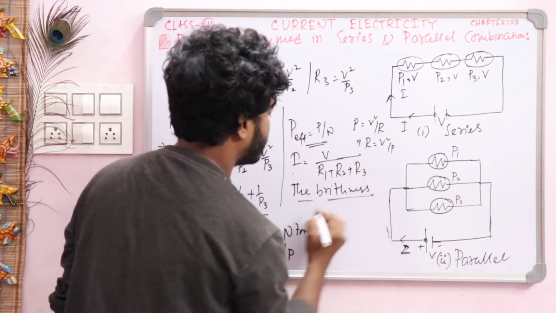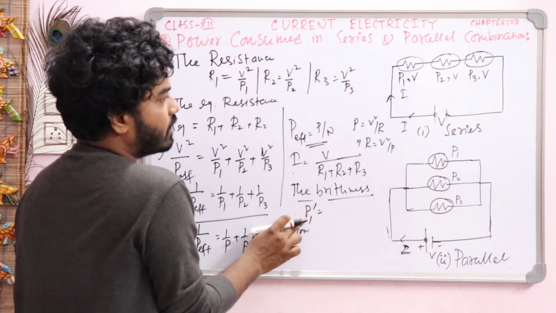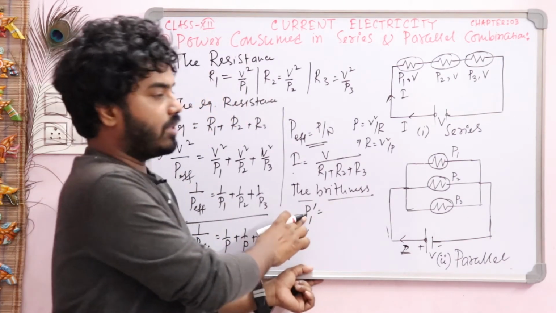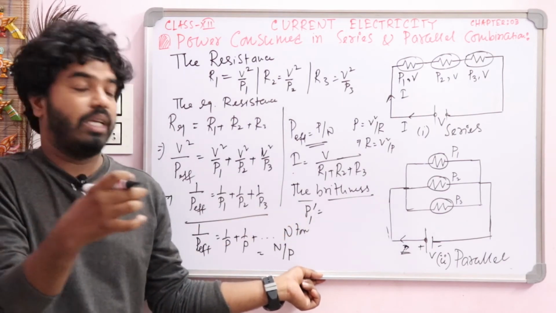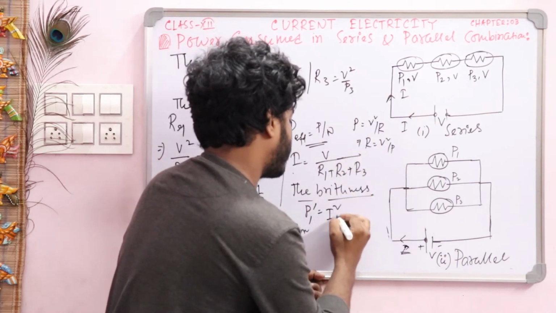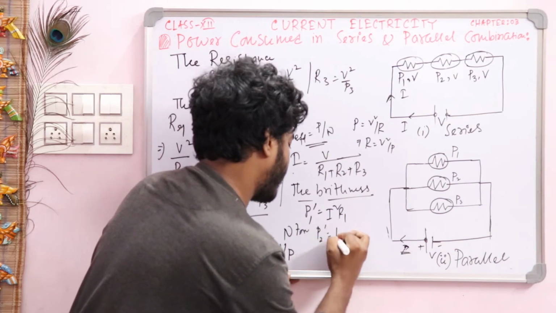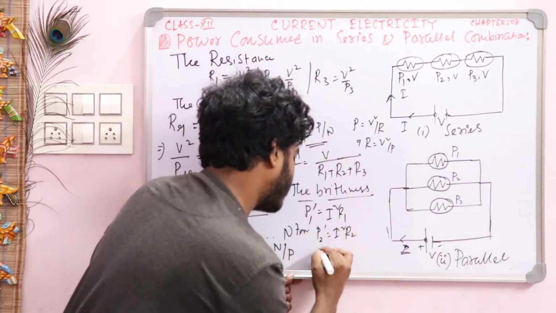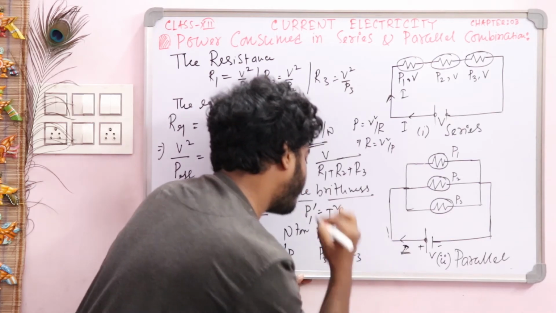For the first bulb, suppose it is written as P1 dash. Here you use the expression of power which has the same value. For series combination the current is the same, so I am writing I square R1, P2 dash that is I square R2, and in the same way P3 dash that is I square R3.